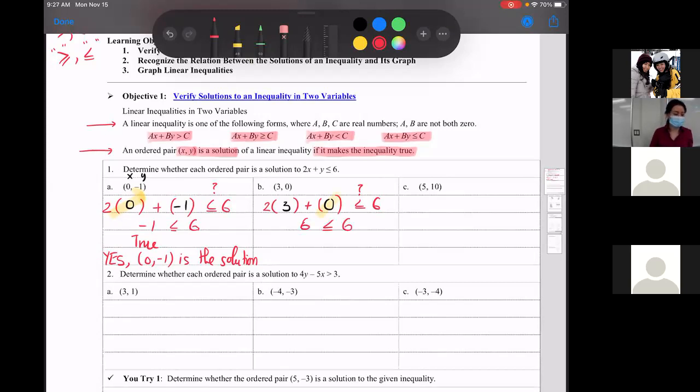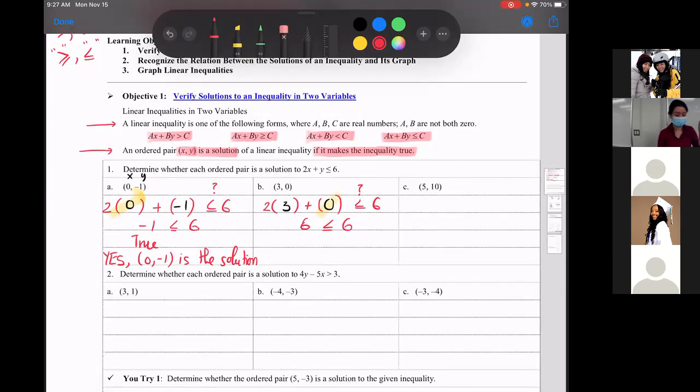Good. What about people from home? Do you think it's true or false? Put in the chat, is 6 less than or equal to 6? Thank you, Brooke. Thank you, Justin, Sade, Kaylin, Emma, Anaya. Good. Yeah, it's true, right? It says less than or equal to.